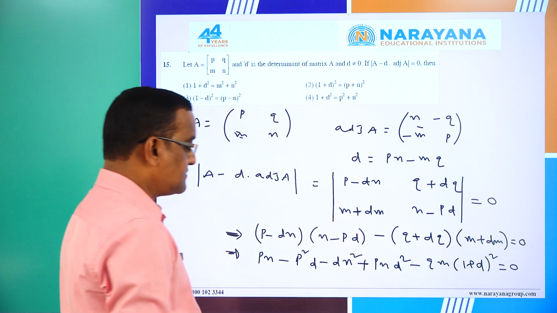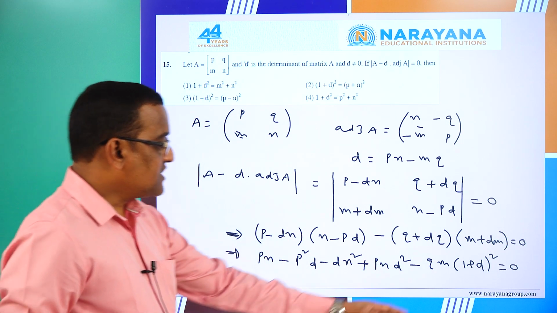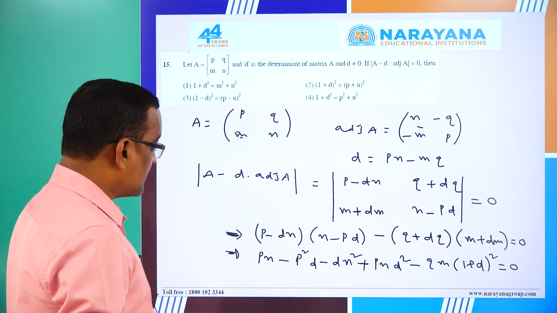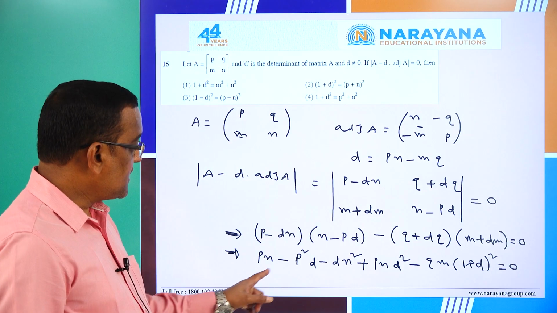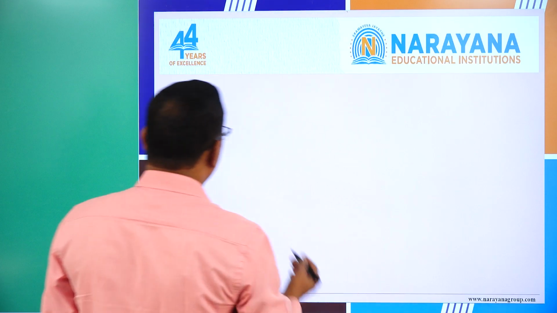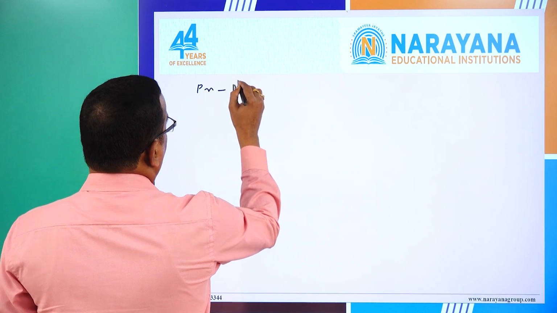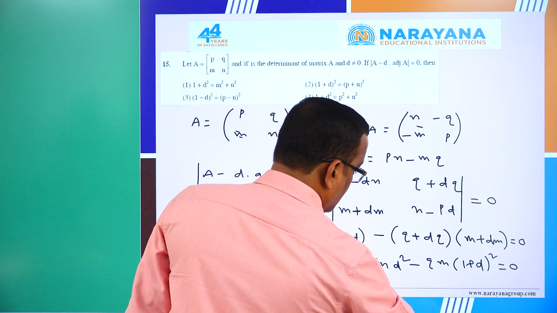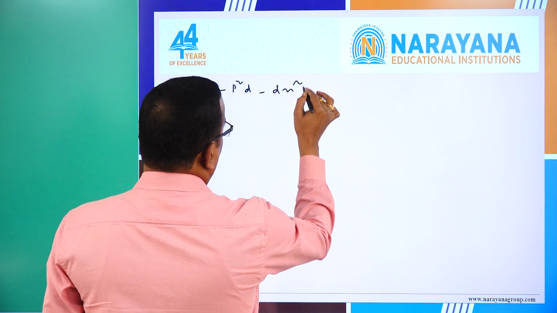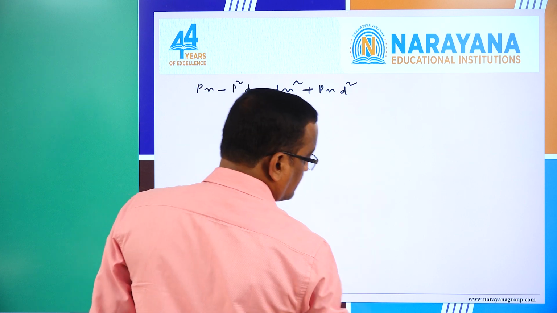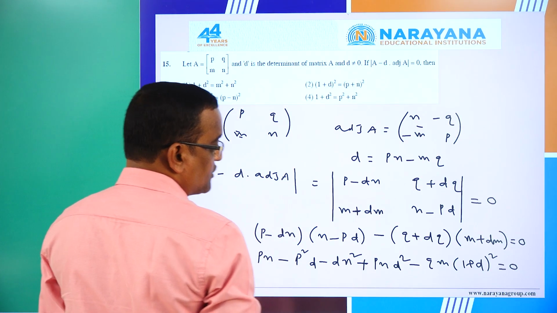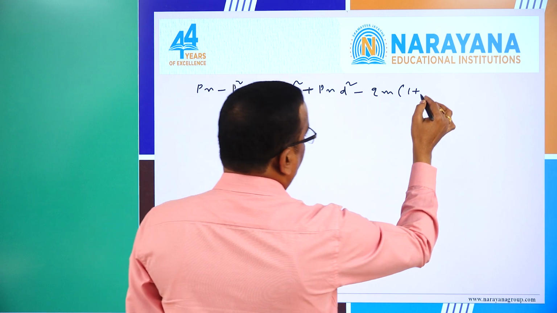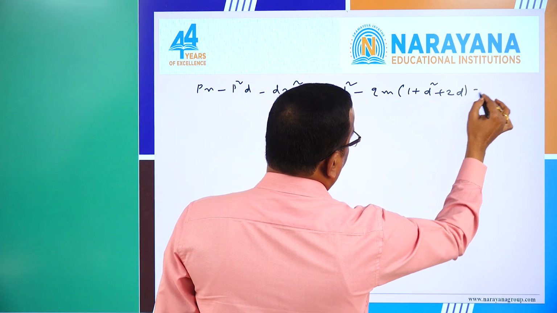Here 1 plus D, here 1 plus D. Now expand this 1 plus D whole square and separate D square and D terms and the terms not containing D. This is Pn minus P square D, minus Dn square plus Pn D square, minus Qm into 1 plus D square plus 2D, is equal to 0.